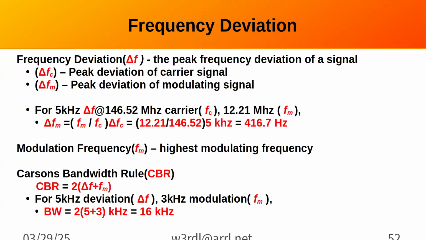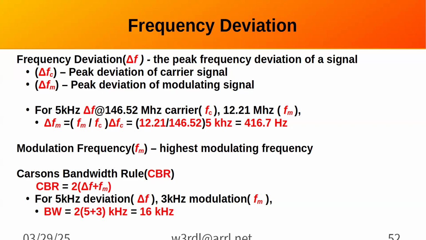I think I was just trying to put down all those things that we talked about. But it does come up here in Carson's bandwidth rule, which is a way to estimate what the bandwidth is for a signal. It's 2 times the deviation, delta F, plus the modulating frequency.